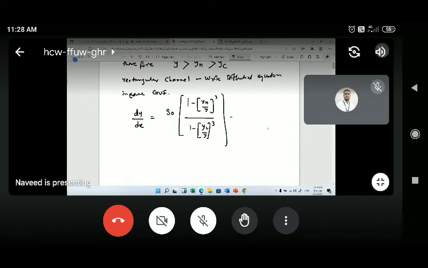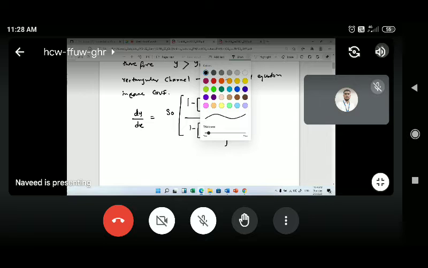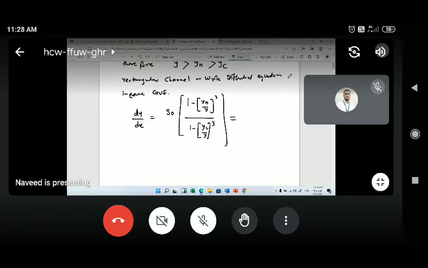I will say this term is the numerator, and the term below, the divide-by term, is the denominator. So dy by dx is S0 times the numerator value divided by the denominator value.